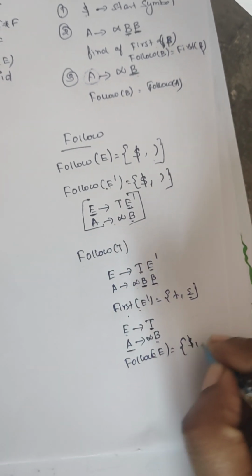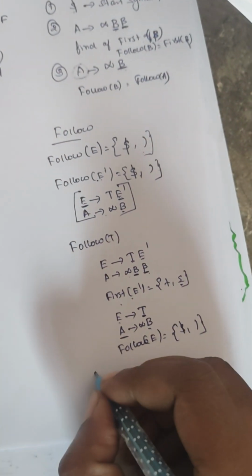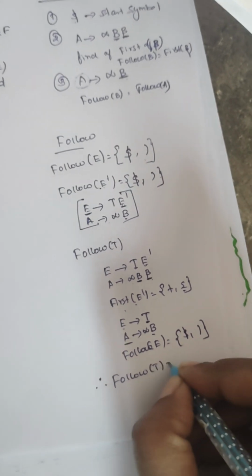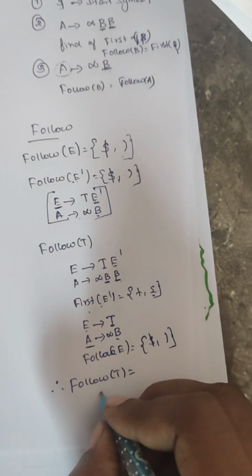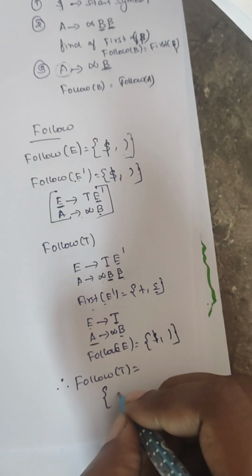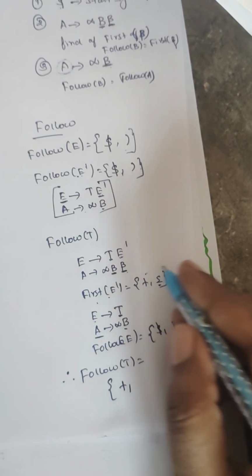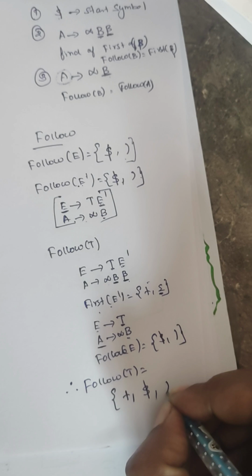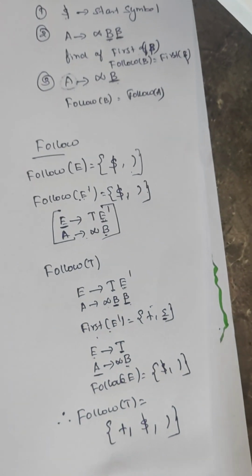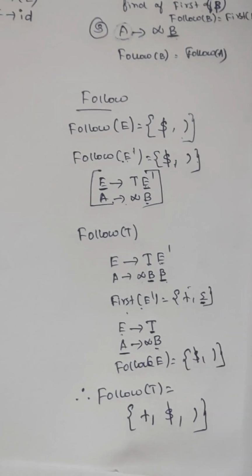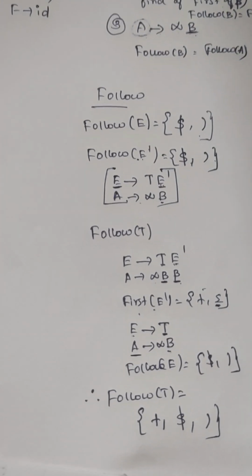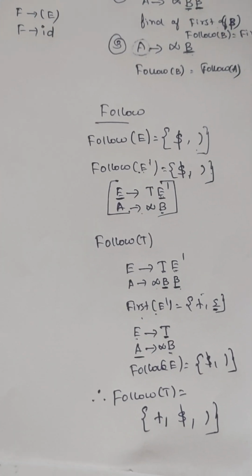FOLLOW of E is dollar and close. Therefore FOLLOW of T equals the set consisting of plus, and instead of this epsilon we include this dollar and close. This is the way we calculate FOLLOW for the non-terminal variables.